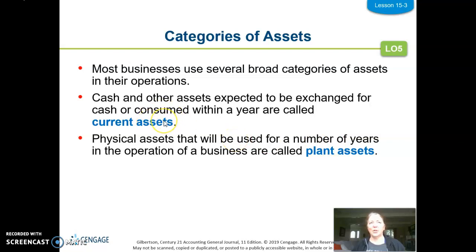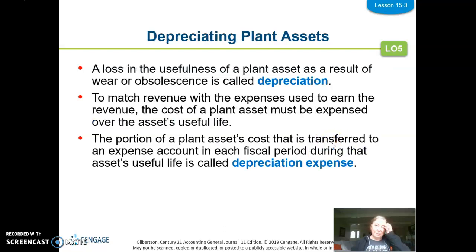So we have cash, accounts receivable, prepaid insurance, supplies, marketable securities that are less than a year of maturity. Those are current assets. Plant assets are things like equipment, building, land, things that are going to be lasting for longer than 1 year. So we have to depreciate plant assets.